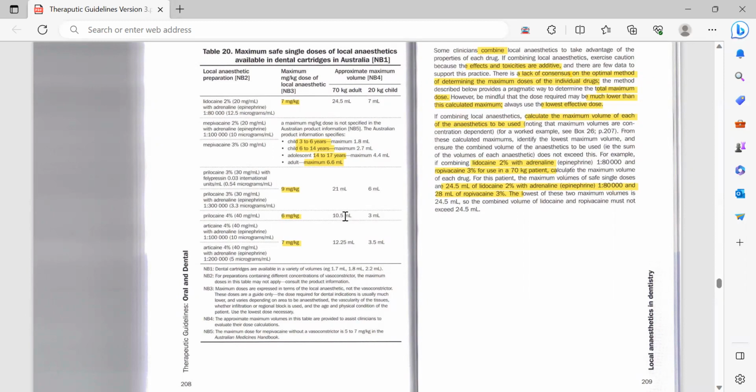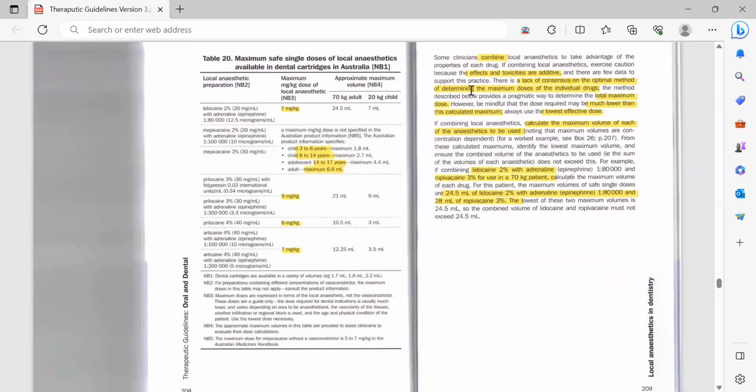Then you need to divide it by the concentration present in the cartridge, which is 30 mg per ml for prilocaine. For lidocaine, it was 20. So you divide it by 30, and then you can convert it into cartridges, for example 2.2 ml. Then you divide again by 2.2, and you will get the number of cartridges that you would require for the maximum dose.